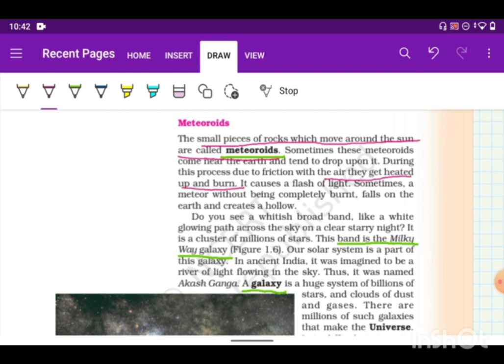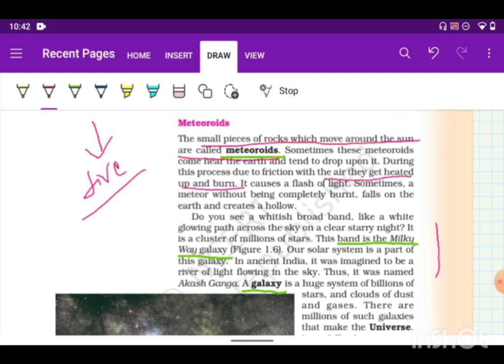So when a star is seen falling from the sky, it looks like a raging fireball coming from the sky. Because of the atmosphere, the meteoroid will burn itself in the mesosphere. We'll discuss all the atmospheric conditions in the climate chapter in the coming classes.